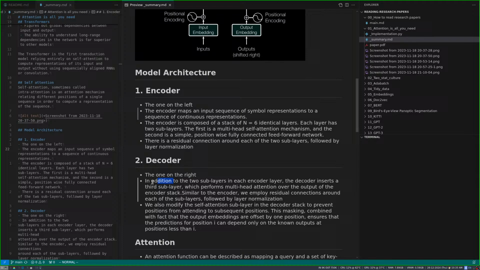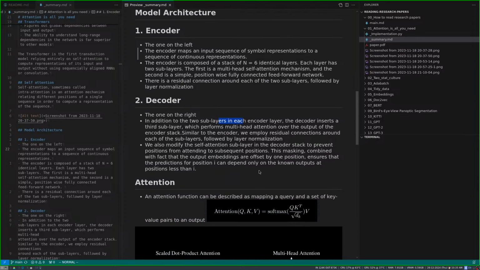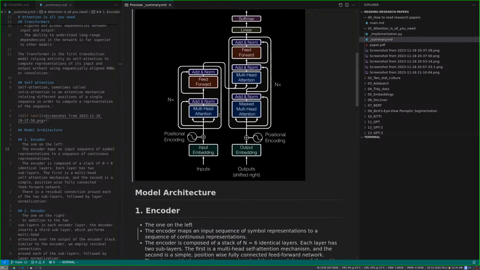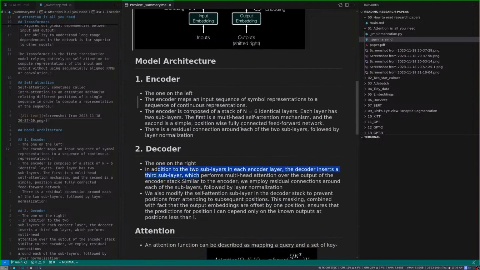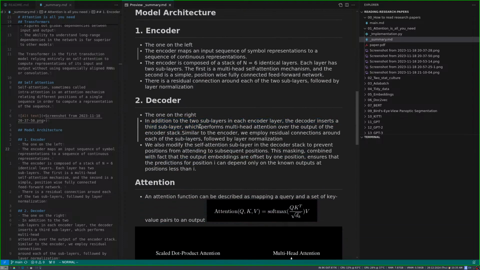The decoder is the one on the right. In addition to the two sub-layers in each encoder layer, the decoder inserts a third sub-layer, which performs multi-head attention over the output of the encoder stack.